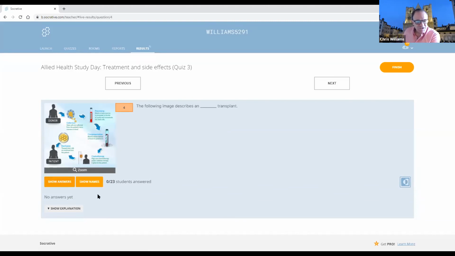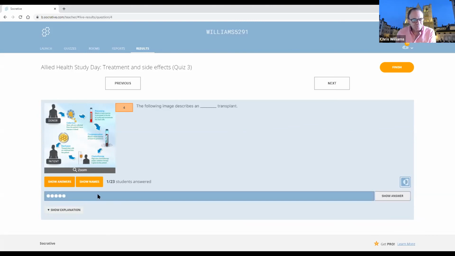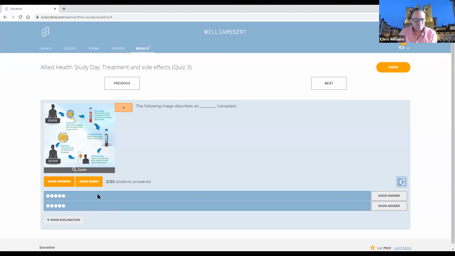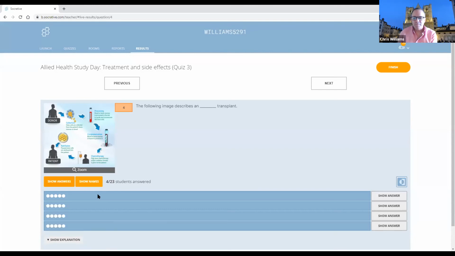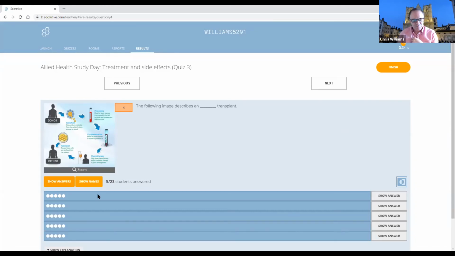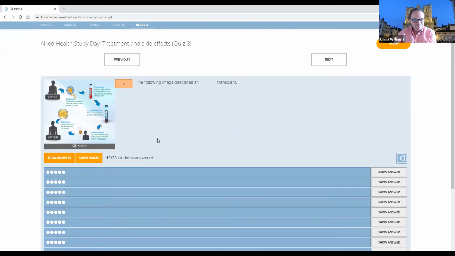Okay, the following image describes what kind of transplant? Yeah, so it's definitely a stem cell transplant, but we differentiate this from those because we're getting a donor.